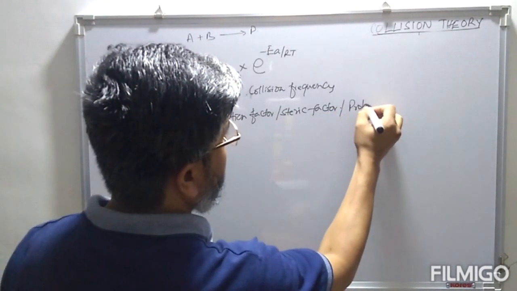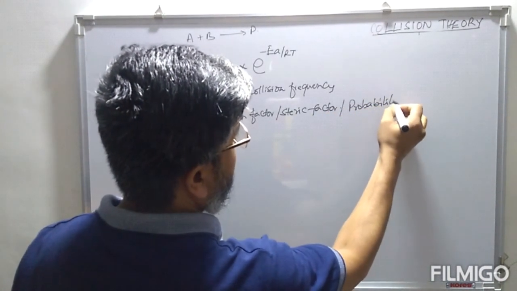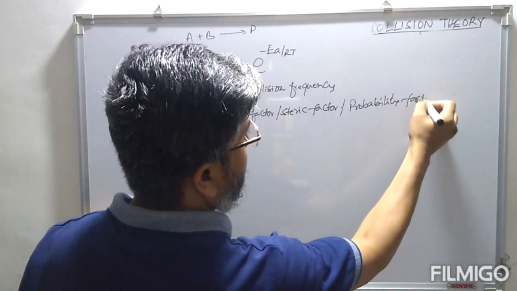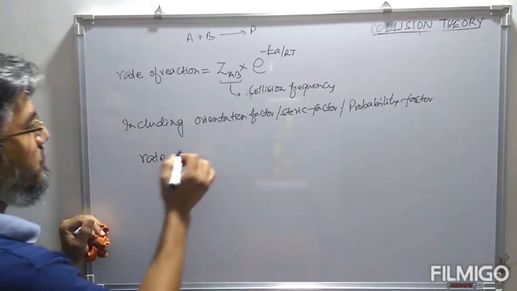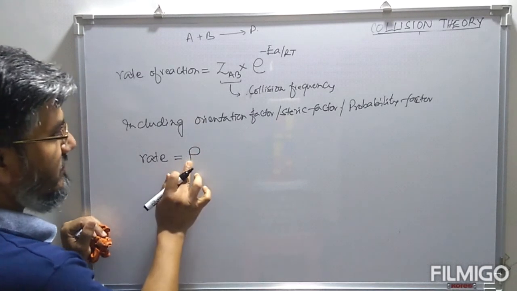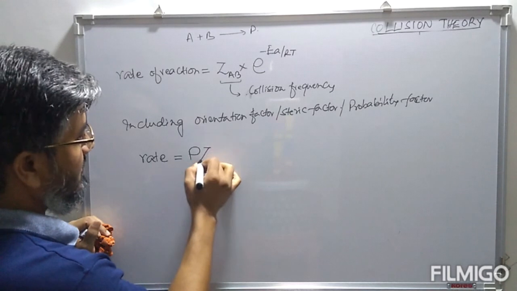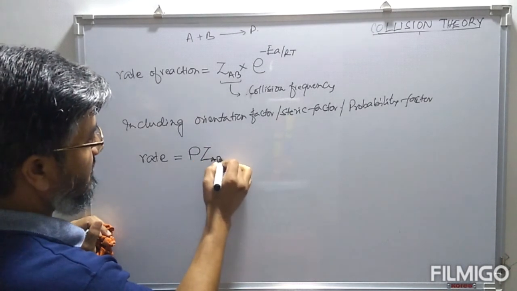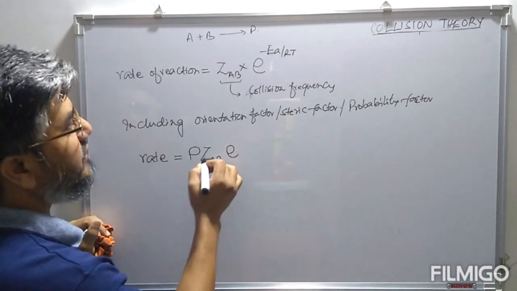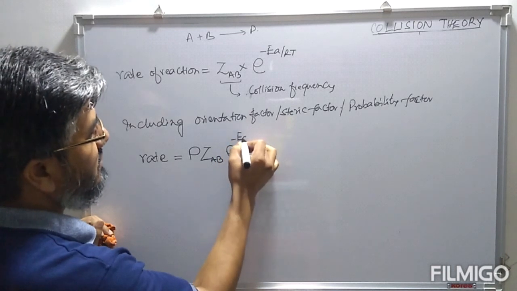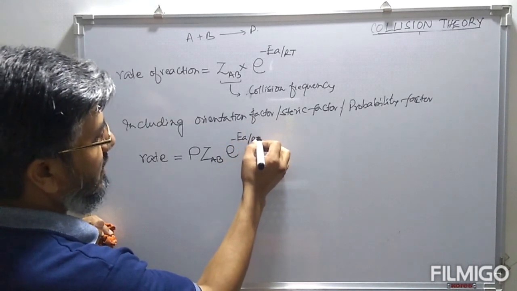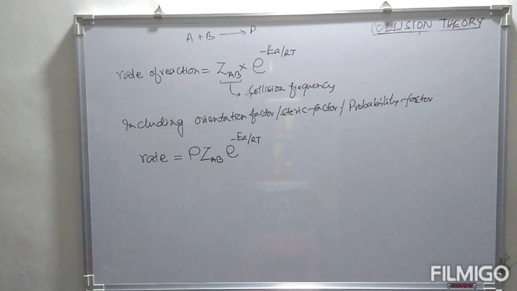so the rate of reaction is equals to, this is also known as probability factor. So that is equals to probability factor, orientation factor or steric factor into ZAB exponential minus EA by RT.